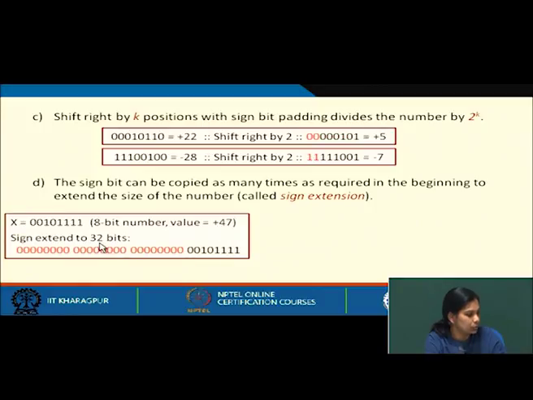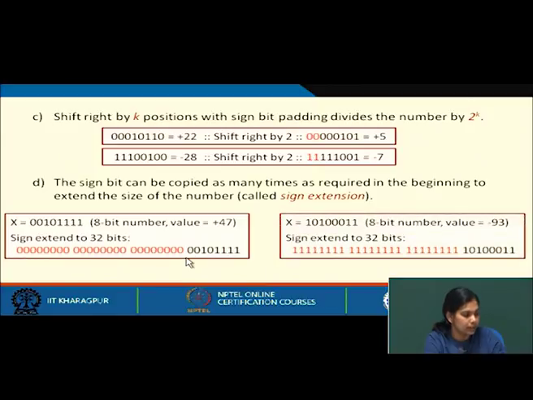For sign extension to 32 bits, you add as many 0s as needed, and it will still remain plus 47. Similarly, for a negative number, minus 93, I have shown you with an example that if you add as many 1s in the beginning to extend it to 32 bits, the number will remain minus 93 only.